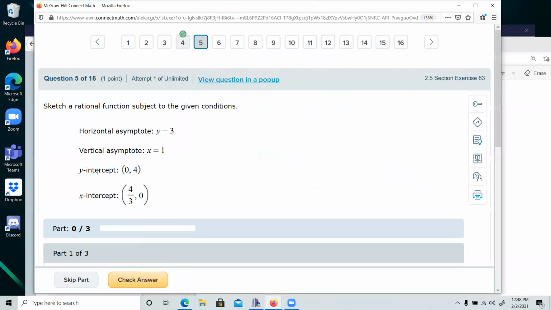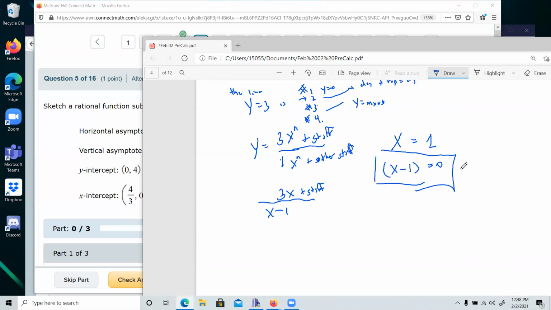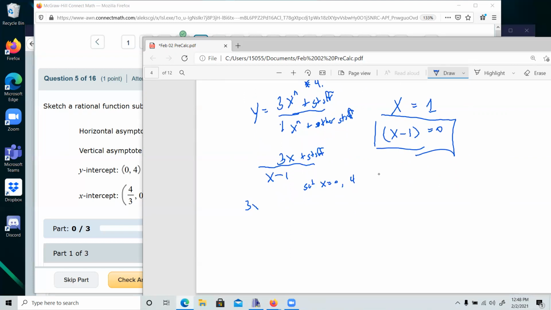All right. So y-intercept, (0, 4). To get a y-intercept, we set x equal to 0, and then y is equal to 4. So if I've got 3x plus some stuff divided by x minus 1, when I set x equal to 0, we've got some stuff over minus 1, and that's got to equal 4.